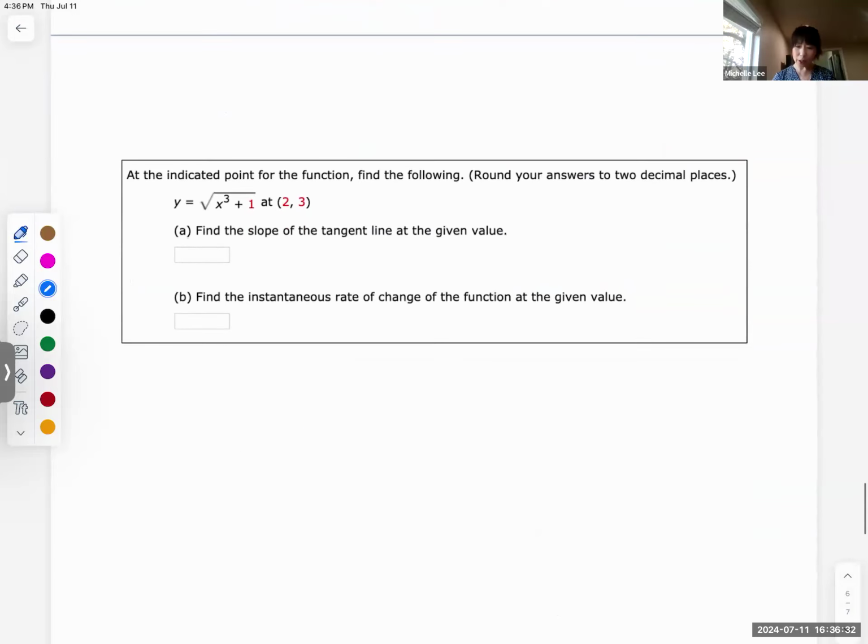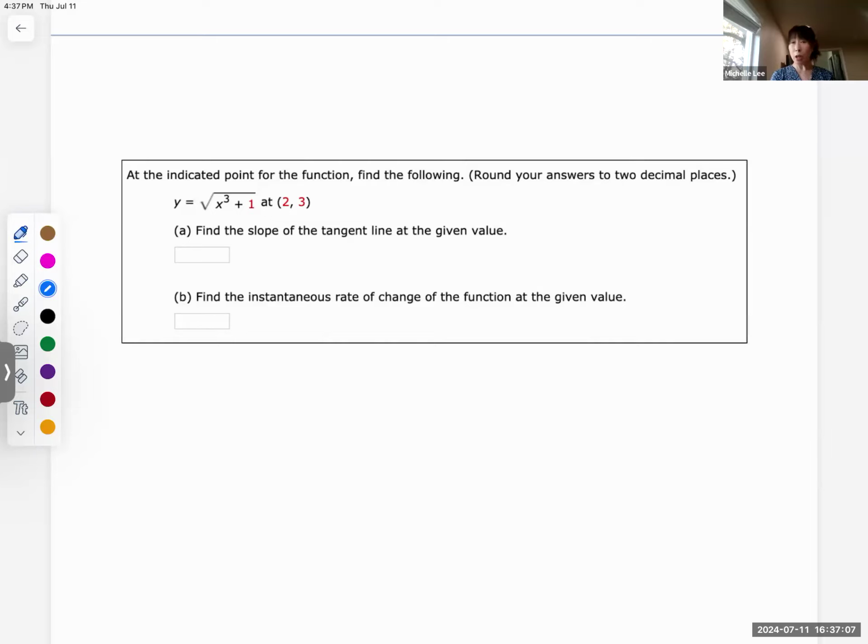Okay, so at the point for the function, find the following. We have a function. So find the slope of a tangent. With the derivative, we can find the instantaneous rate of change, the slope of the tangent line, or the instantaneous speed, same as the instantaneous rate of change.